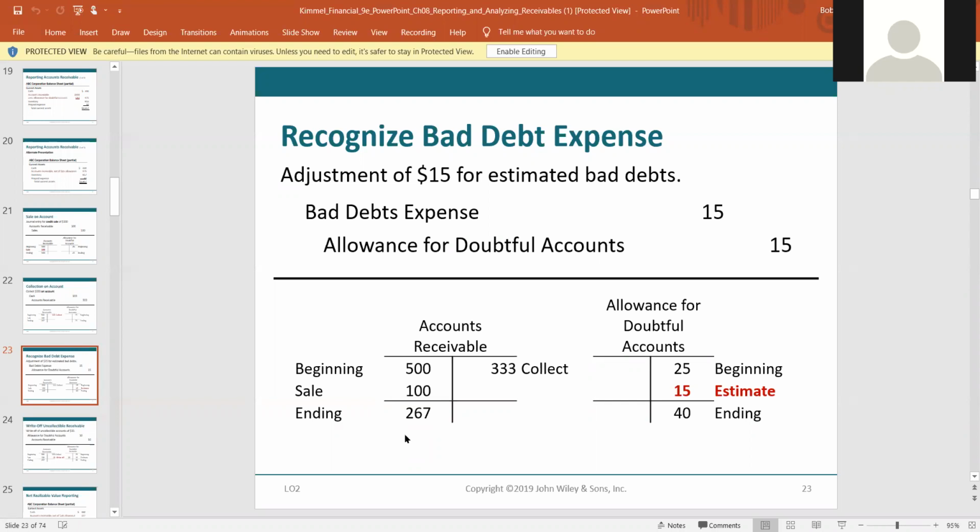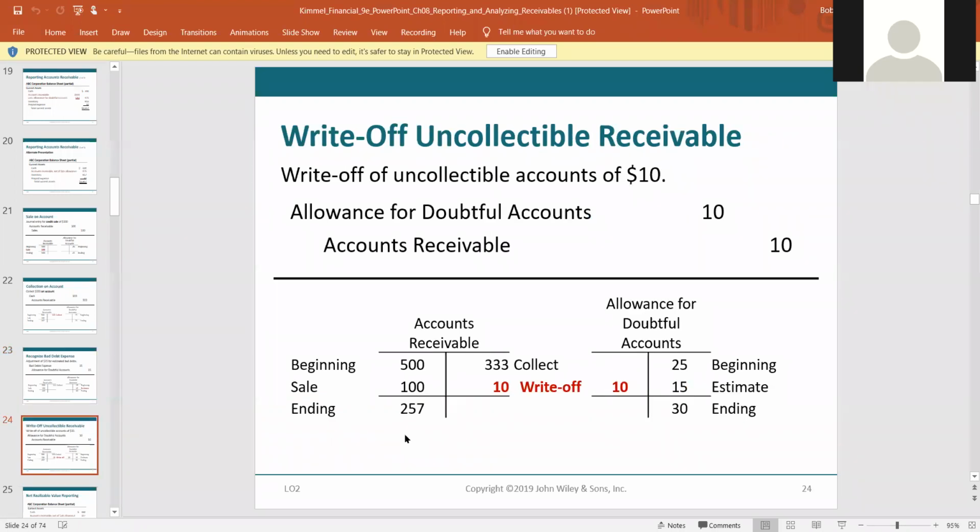It's based on some certain statistics. When we write off a bad debt, now we're going to credit accounts receivable, as you can see, and we're going to debit that allowance. That's what that allowance is for. That is an allowance that can only be spent on reducing accounts receivable, okay?